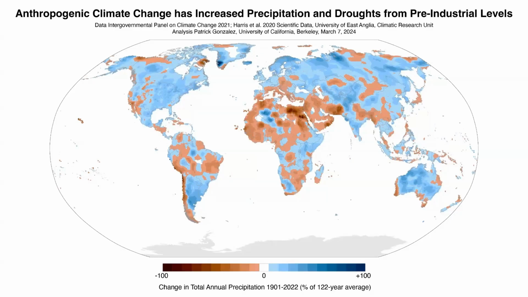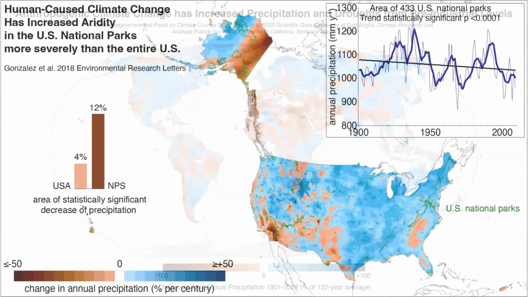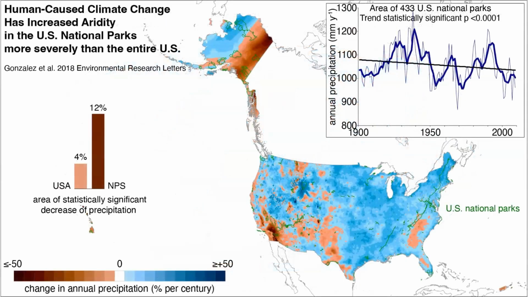So some places have experienced an increase in rainfall, and some have experienced an extreme decline in rainfall. Zooming in on the United States, we actually see the southwestern drought here more close-up, intensely.